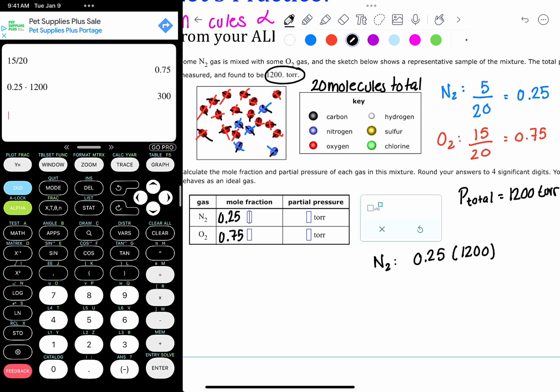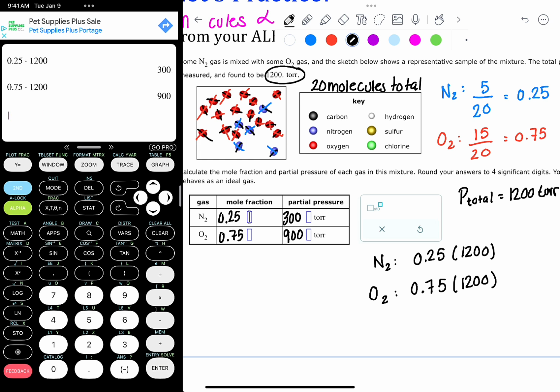So the partial pressure with respect to nitrogen is 300 torr. And for oxygen, we'll do the same thing, but use 0.75 as its mole fraction times 1200. So its partial pressure is 900.